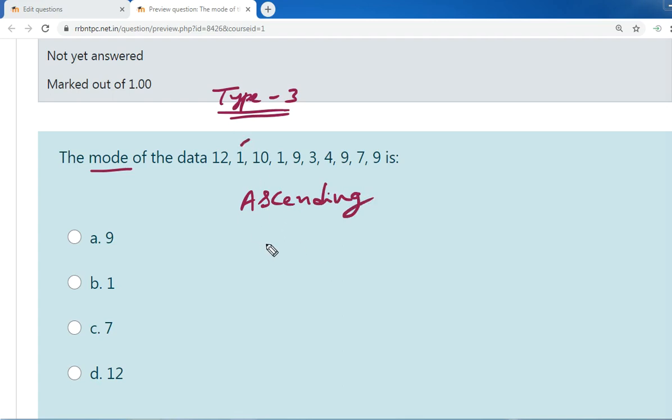If you arrange like that, first 1, there are 2 ones, 1, 1, and then 3, and then 4, then comes 7, then 3 nines are there, 9, 9, 9, and then comes 10, and finally 12.